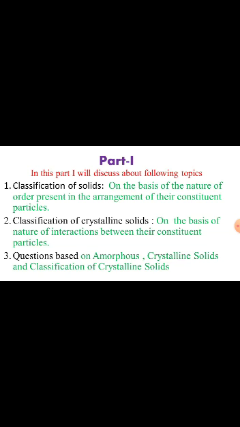Second, classification of crystalline solids on the basis of nature of interaction between their constituent particles. It may be molecular solid, ionic solid, metallic solid and covalent solid. And then questions based on amorphous and crystalline solids and classification of crystalline solids.